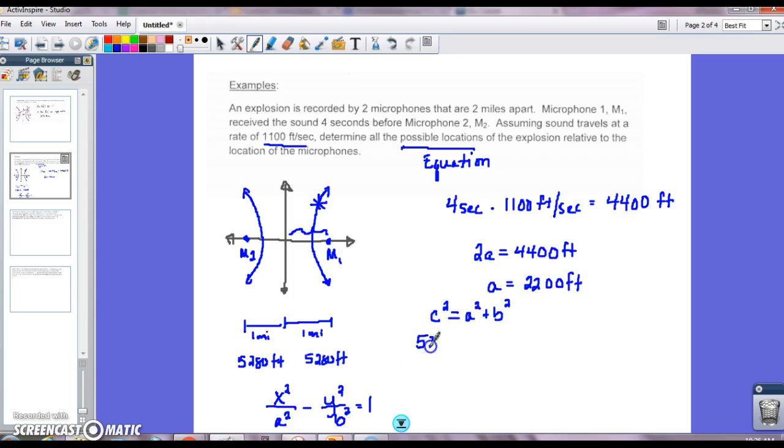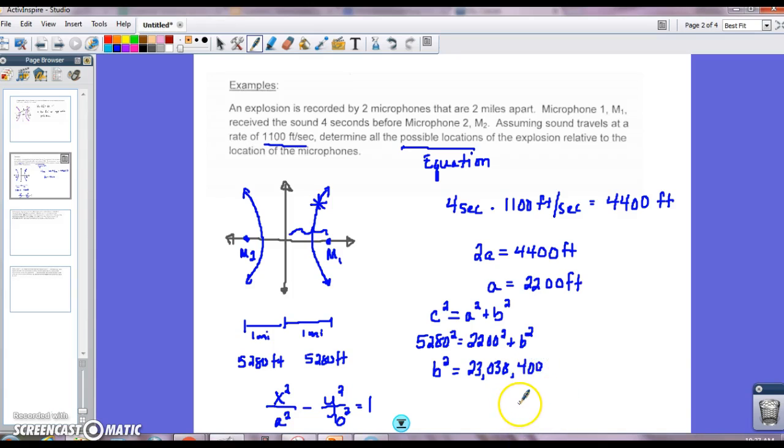So 5,280 squared is equal to 2,200 squared plus b squared. And when you do that all out, you end up with b squared equal to 23,038,400.